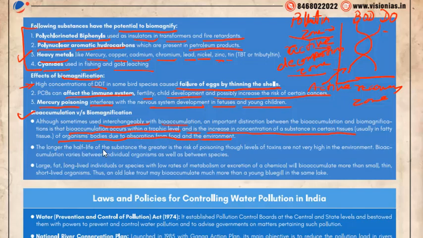The longer the half-life of the substance, the greater the risk of poisoning, even when levels of toxins are not very high in the environment. Bioaccumulation varies between individual organisms as well as between species. Larger species have more bioaccumulation.